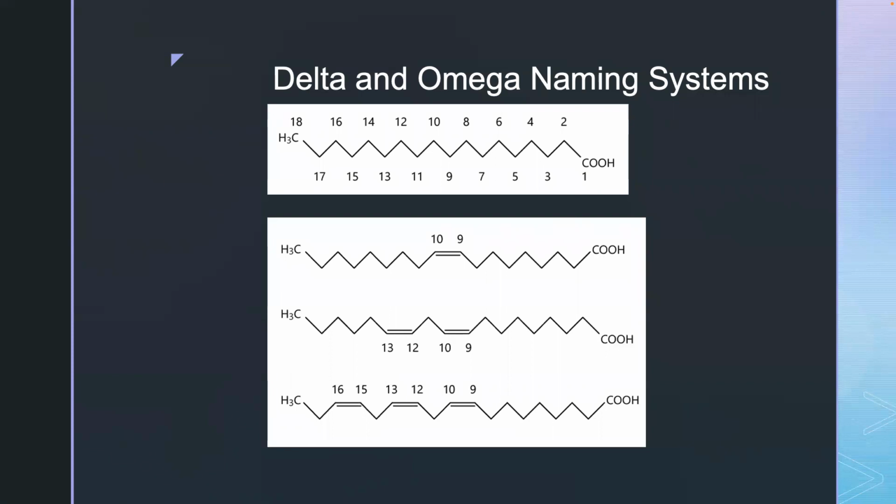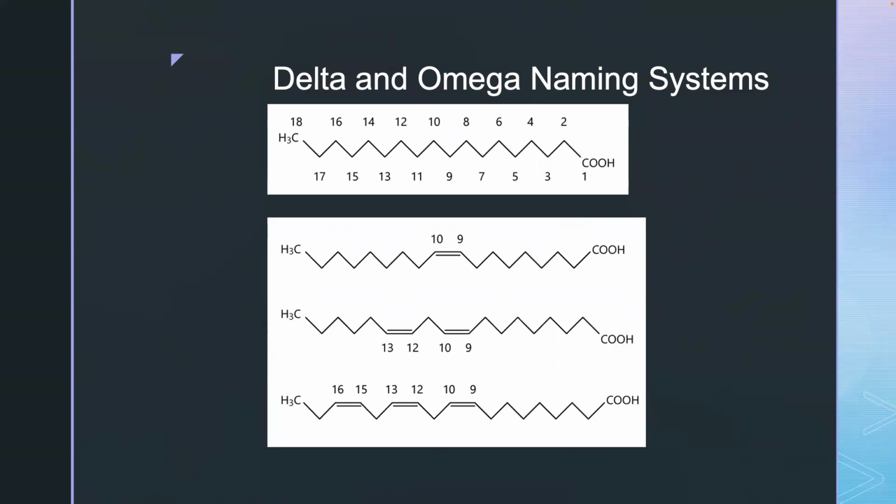So for delta, you're going to start counting carbons at the carboxylic acid end. Here you can see that we are going to start counting carbons. So we'll start here: 1, 2, 3, all the way down to 18. For delta, this is going to be 18, then a colon, and then 0.